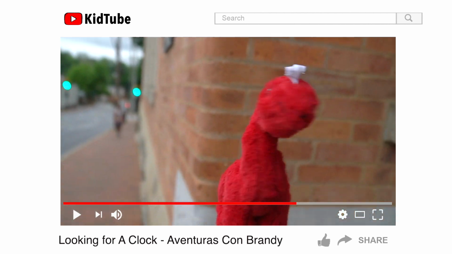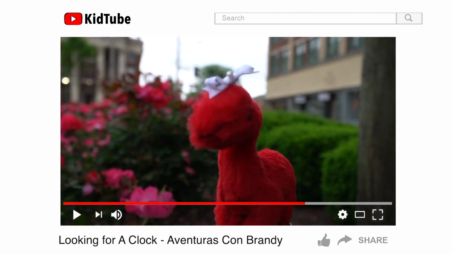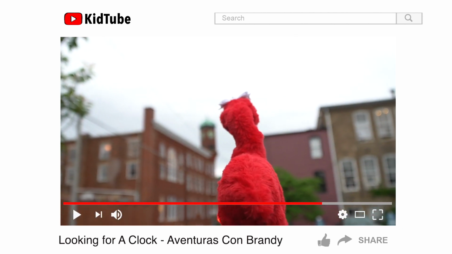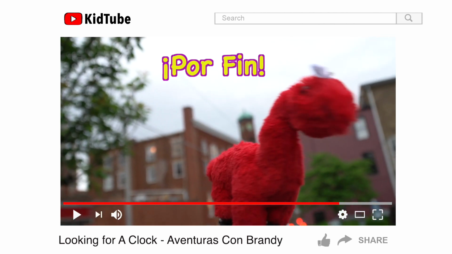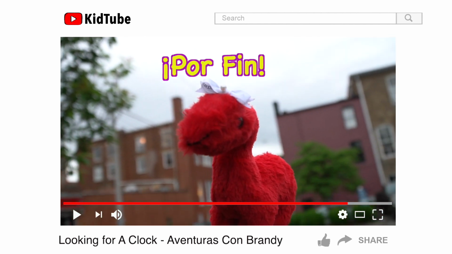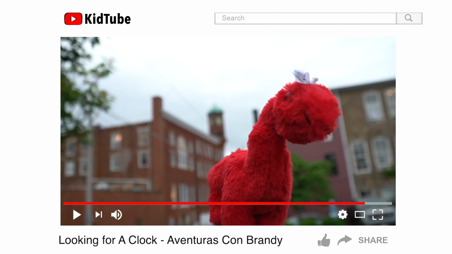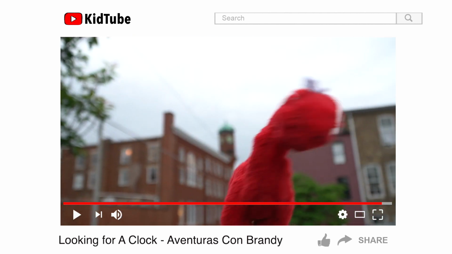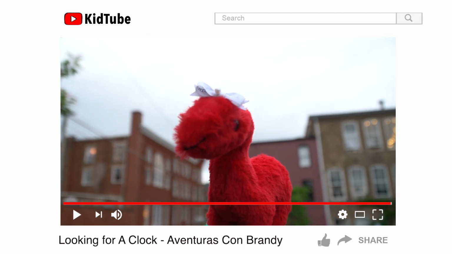Sigo buscando. ¿Es esto un reloj? Sí. Por fin, we did it. Gracias mi gente. We found el reloj together. Hasta próxima.